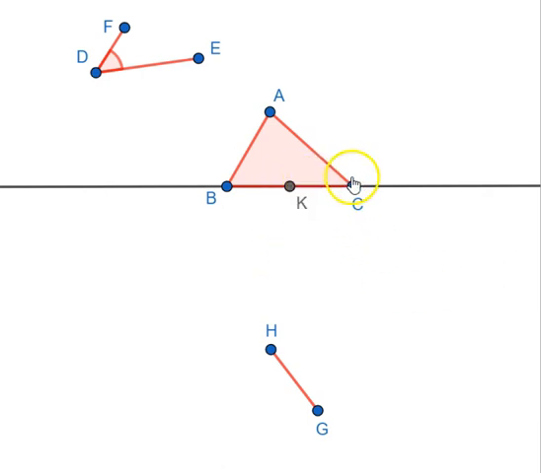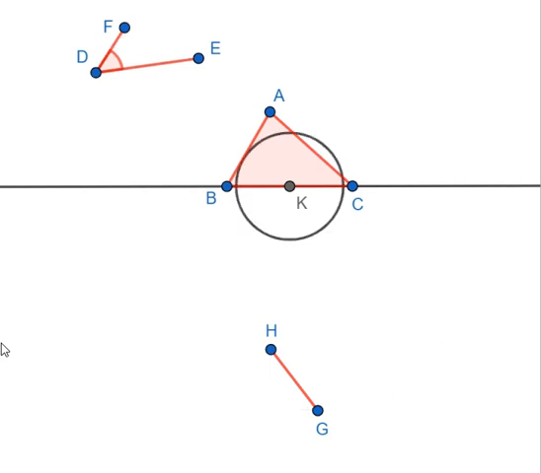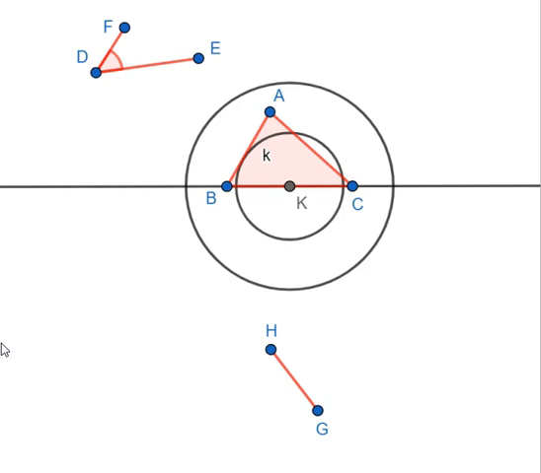Now at K and C, we have to copy this angle. Again, we know how to copy angles. Draw a circle with center at K and DF as the radius. Then we draw a circle with K as the center and DE as the radius.